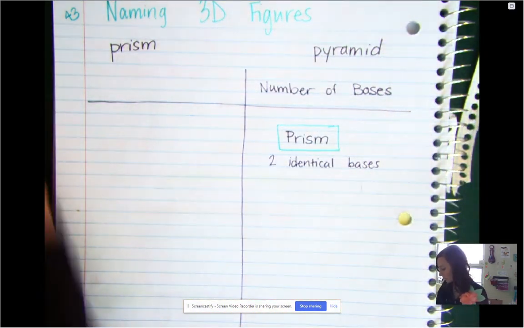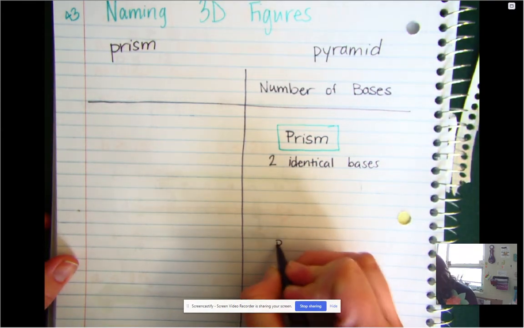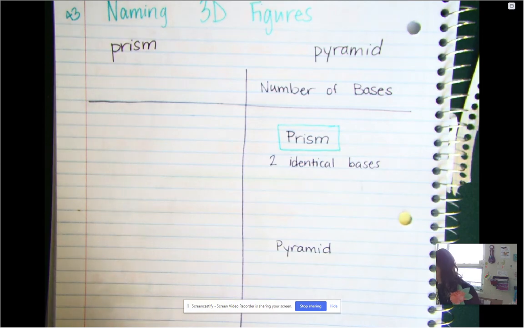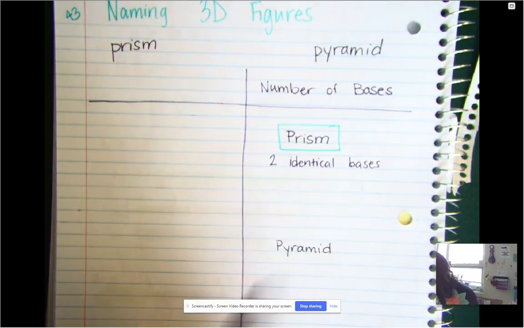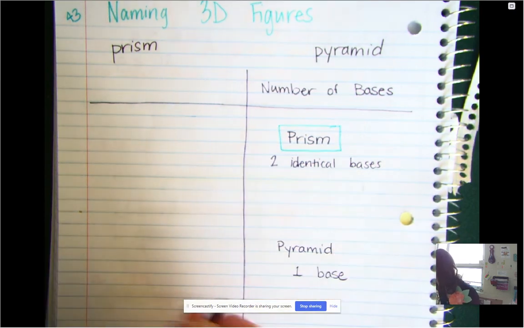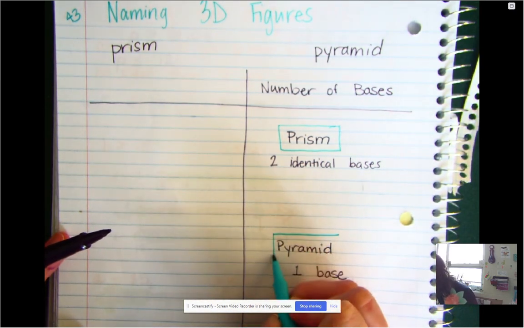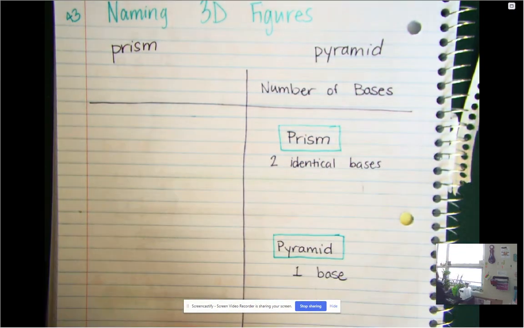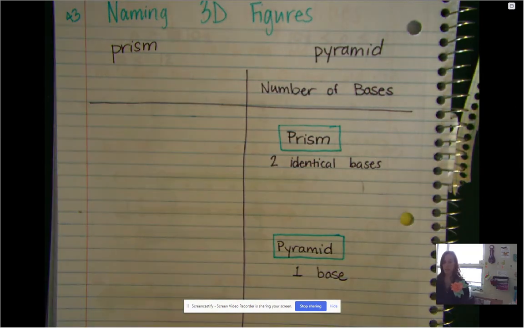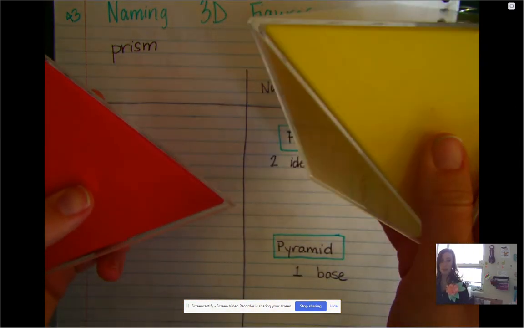The other kind of shape we're going to talk about is a pyramid, and a pyramid has only one base. So these are two examples of pyramids.